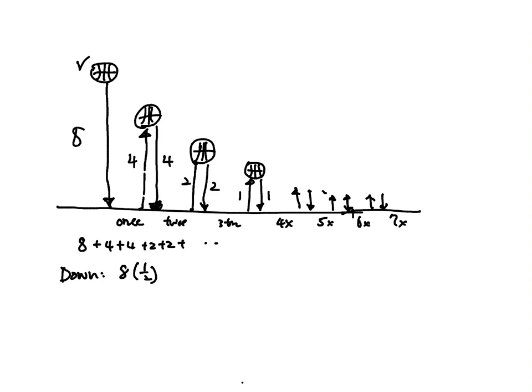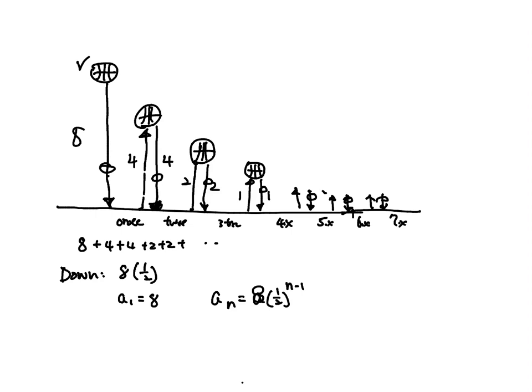So if we count, going down, the first term is 8. The last, depending on what the bounce is going to be, it's going to be 8 times 1/2 to the n minus 1. So if we count it, we have 1, 2, 3, 4, 5, 6, 7.